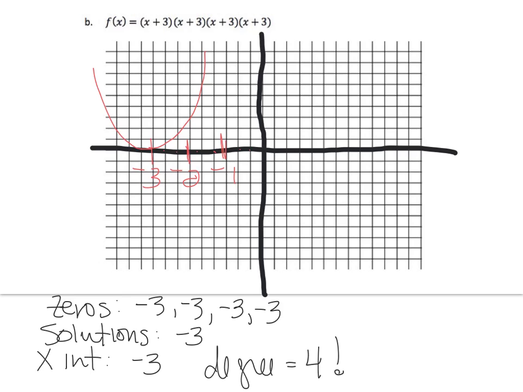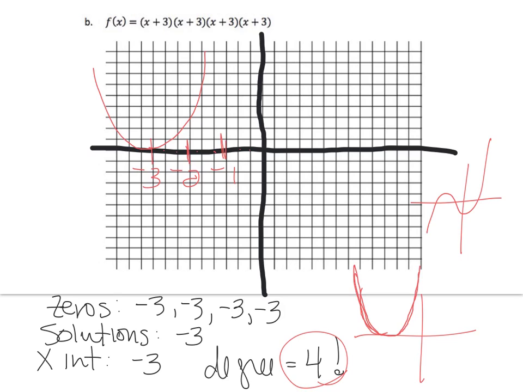So here we have a 4th degree, and our graph looks pretty wide at the bottom. That's awful. That was what our graph looked like. Our 3rd degree looked like that. 2nd degree looks pretty similar to the 4th degree, but we'll get to shapes as we learn.